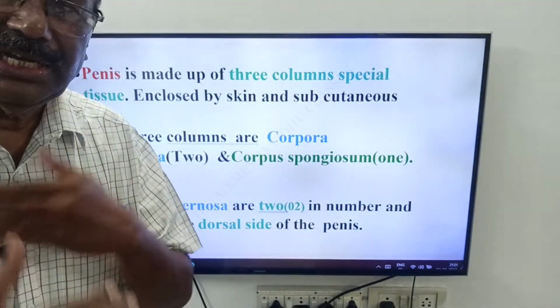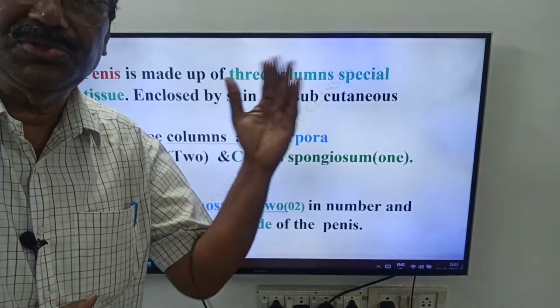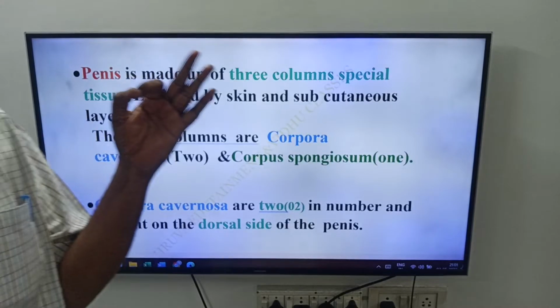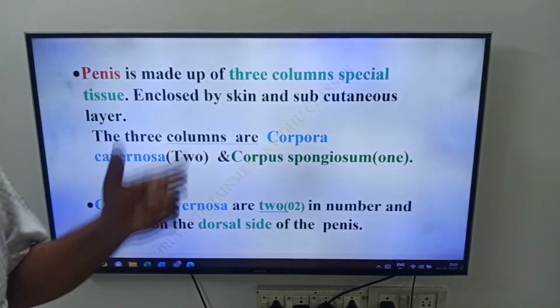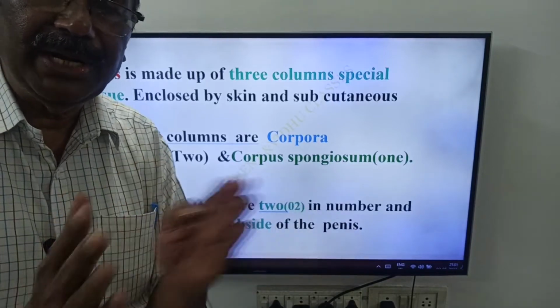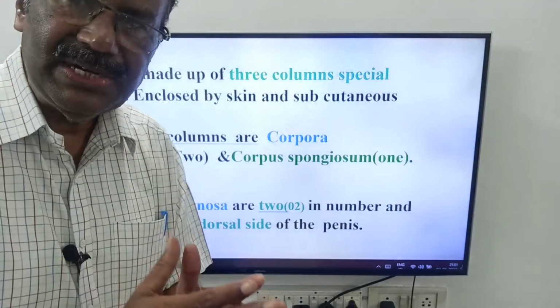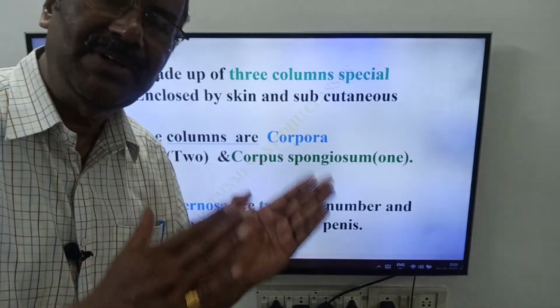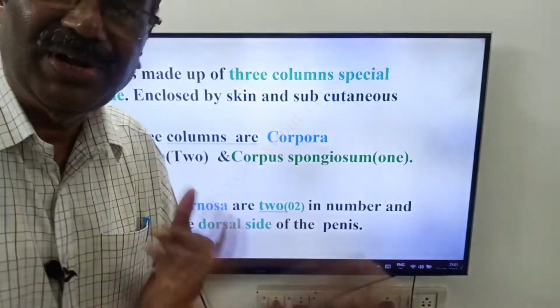By the skin and subcutaneous layer. What are those 3 columns, friends? They are corpora cavernosa and corpus spongiosum. Friends, what is the difference between corpora and corpus? Corpus indicates singular, corpora indicates plural. So whenever you hear the word corpora, it means more than one.